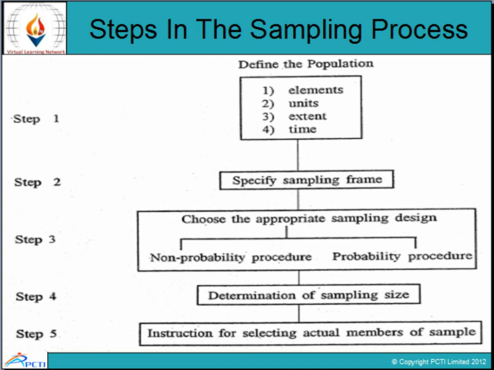The third step is to choose the appropriate sampling design. Either the design could be a probability procedure or a non-probability procedure that we would be discussing in the subsequent slides. Then the fourth step comes of determination of the sampling size, that is of prime importance. And the last step is of instruction for selecting actual members of the sample.